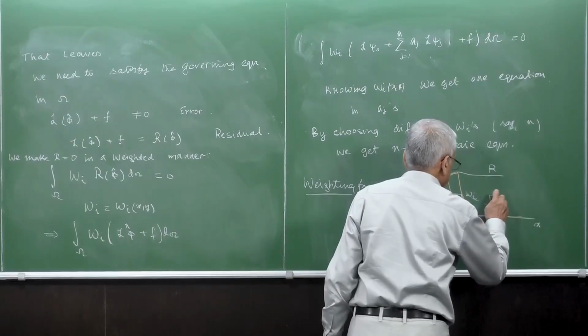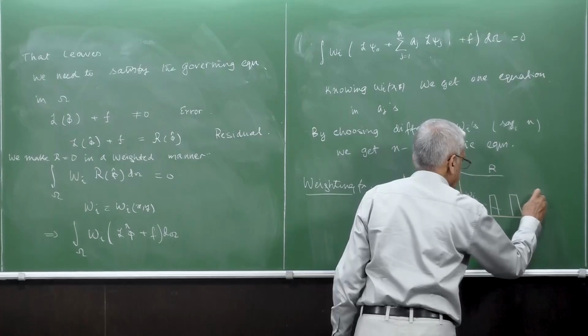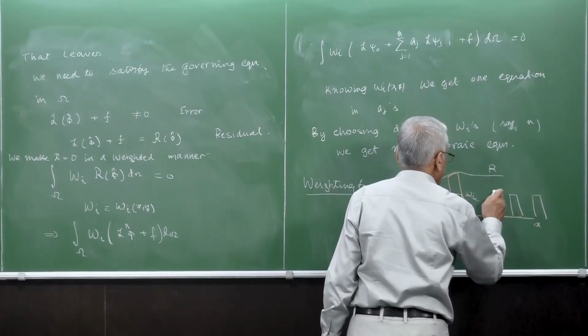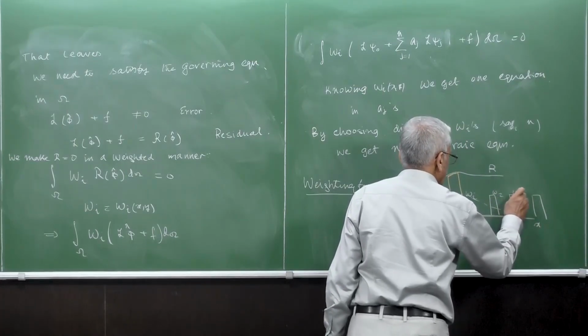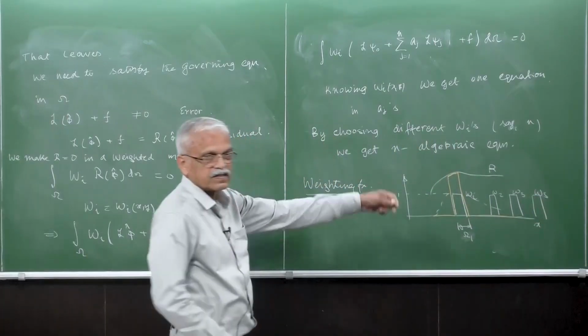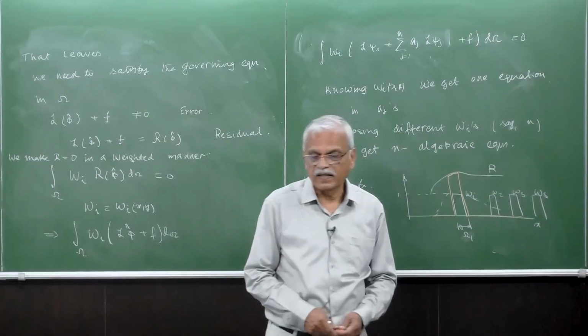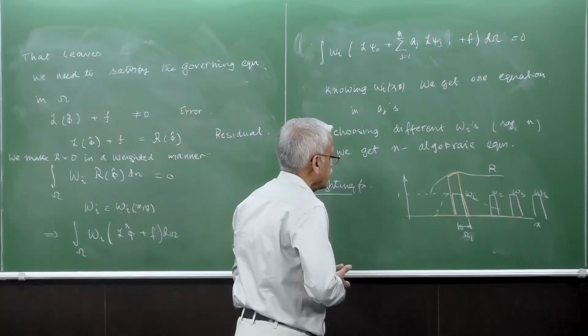Let us say for this one, here and here and here, wherever you want, W1, W2, W3. Using these kinds of weighting functions, we have the integration of the residual. So what do you finally infer?